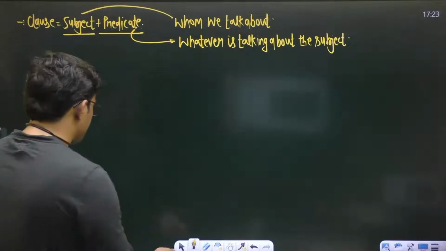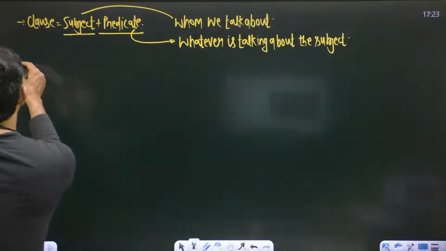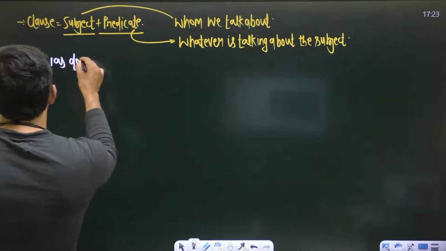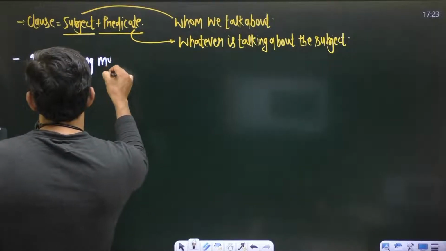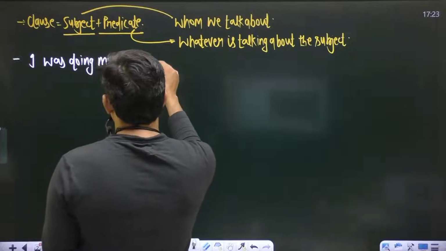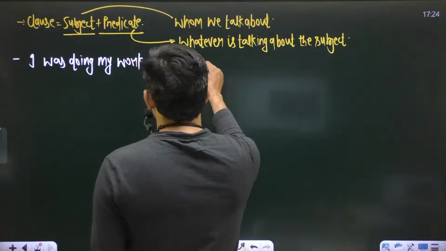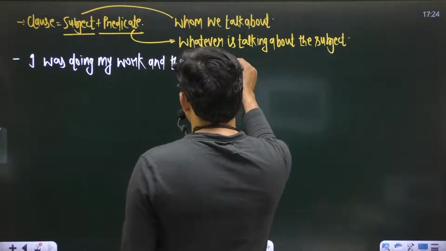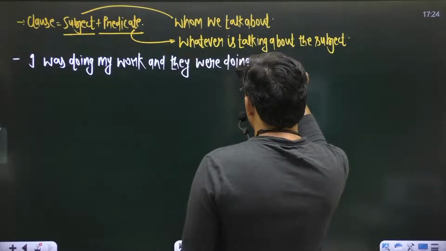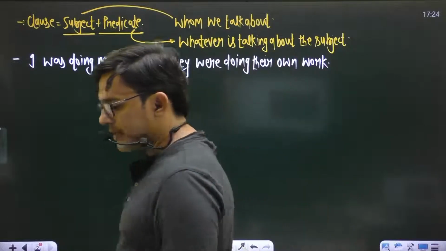So let us learn with the help of a conjunction. If I say, I was doing my work and they were doing their own work, right?